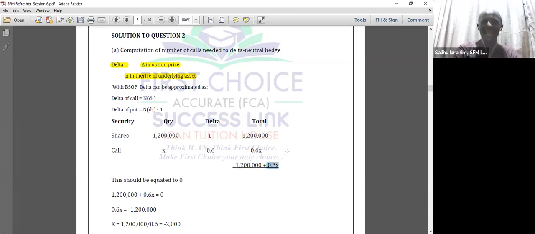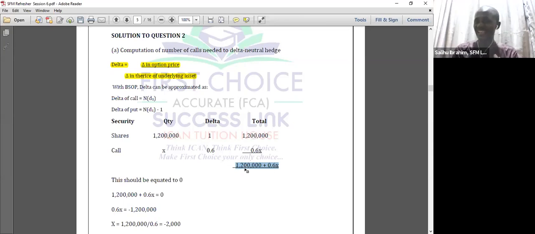Don't forget, I said our aim is that we want to create a position such that whatever happens to the price of the shares is not going to affect the price of the call. Therefore, the total I have here, I will need to equate it to 0, because I don't want anything to happen to the price of the call. So I equate it to 0.